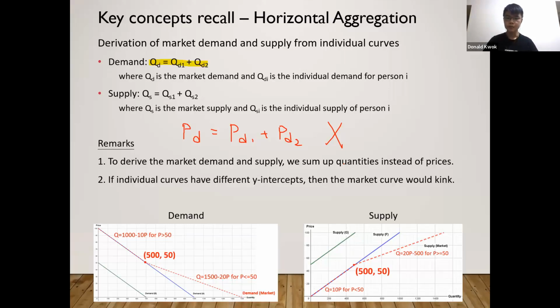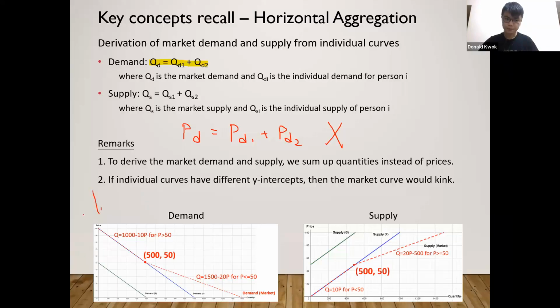All right. The second remark: if individual curves have different y-intercepts, then the market curve would kink. And in fact, why does the market curve kink? It is because there's a change in the slope of the market curve across different price ranges.